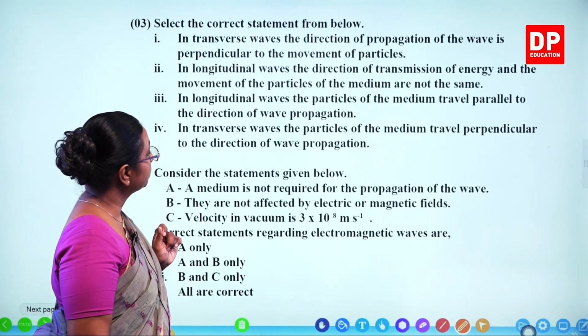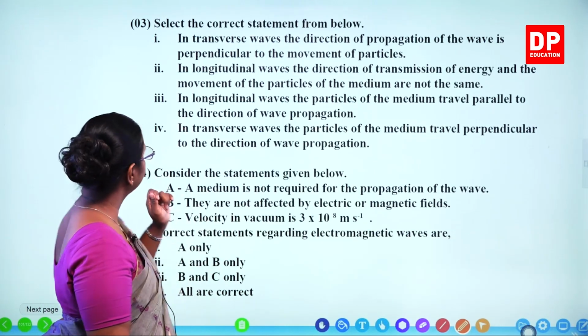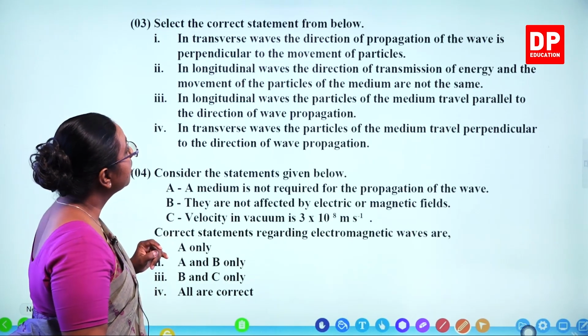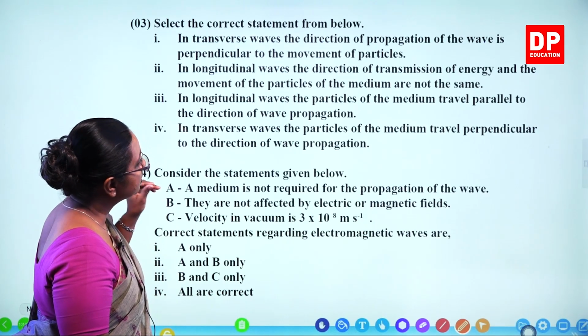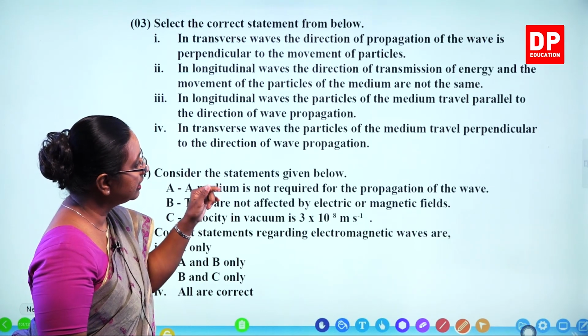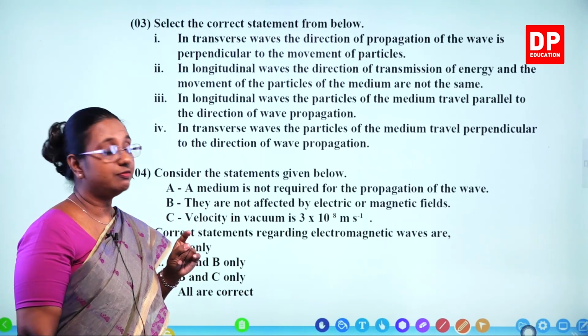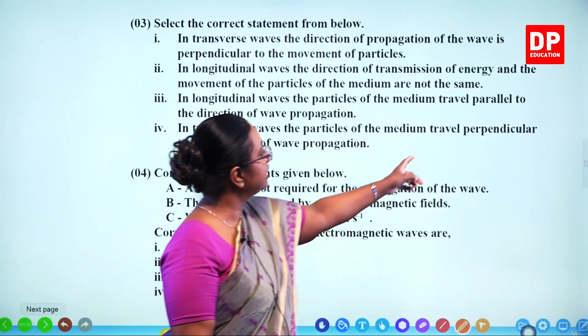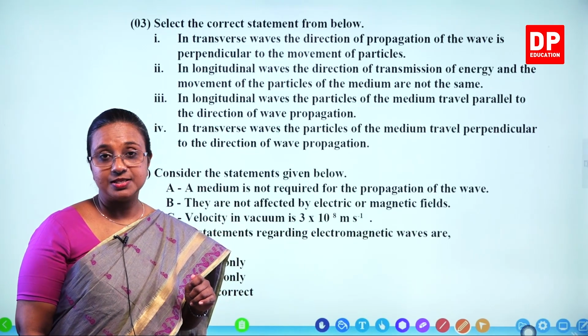In longitudinal waves, the particles of the medium travel parallel to the direction of the wave propagation. Here it says particles of the medium travel. In mechanical waves, that is longitudinal waves, the particle does not travel. So because of that, this is also wrong. In transverse waves, the particles of the medium travel perpendicular to the direction of wave propagation. Again here it says particles of the medium travel.